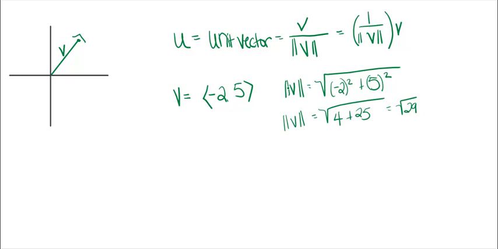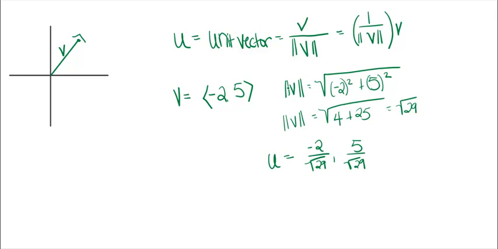Now that we have that, we can take 1 over the square root of 29 and multiply it by each component of the vector v. So my unit vector is going to be equal to negative 2 over the square root of 29 and 5 over the square root of 29.